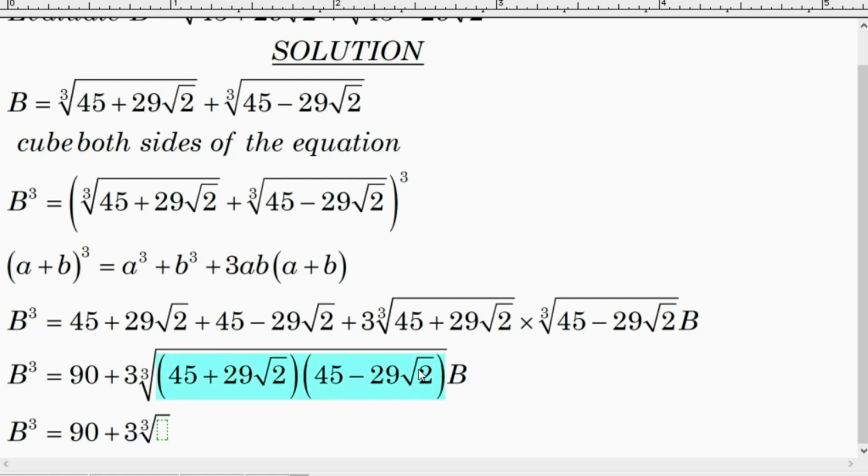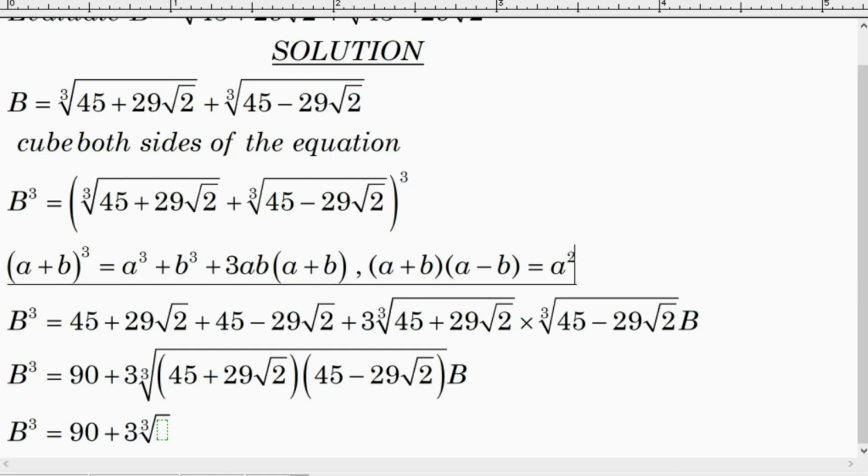For these two factors, we will apply another formula, which is (a plus b) times (a minus b), equal to a squared minus b squared.